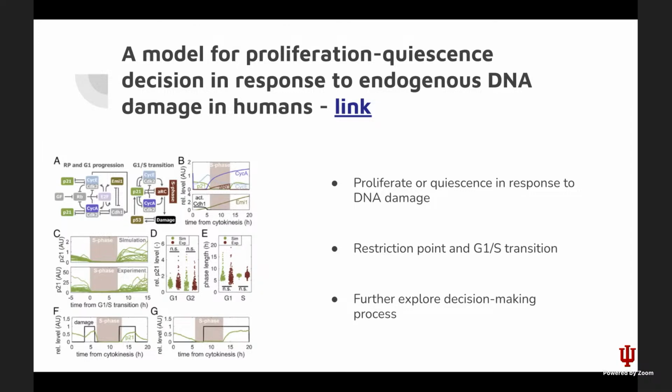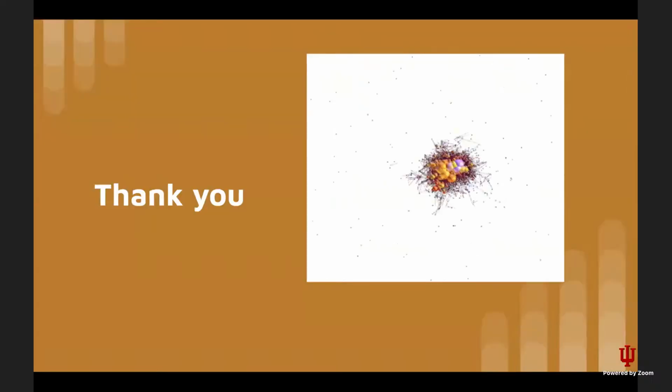This is very important because if these two points are disrupted, this could lead to more mutations and cancer and stuff like that, bad stuff that you don't want. So yeah, that's what I did.